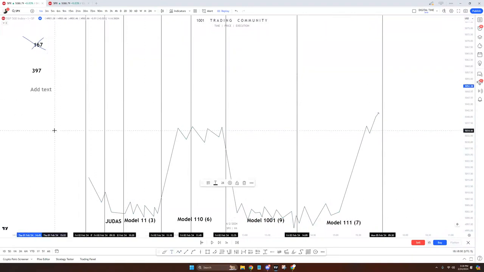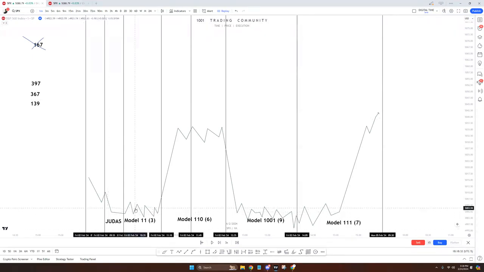What is that? 3, 6, 7. 3, 6, 7. If Judas occurs, very rarely do you get 3. Very rarely. It's very, very rare. But when it does, it'll just be 139. Only these possibilities right here for Model 11.